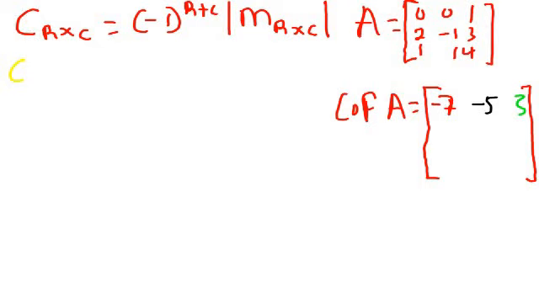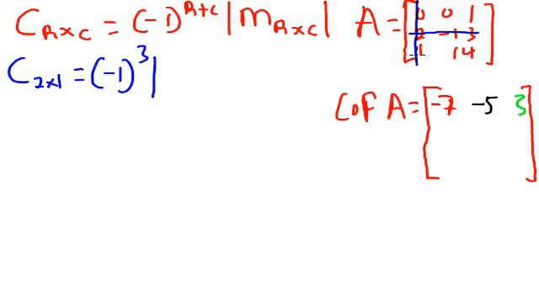Oops, the yellow color is not clear enough. Let me try and use blue. Element in the second row, first column. So that will be equals to negative 1 to the power of 3. Then what will be its minor matrix? Second row, first column. That's 0, 1, 1, 4.